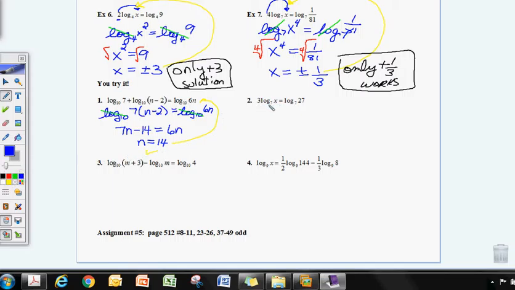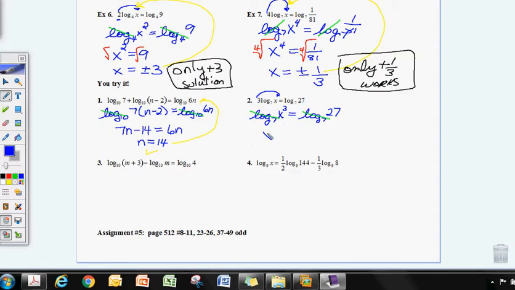So, problem number 1. For problem number 2, single log on the left, single log on the right, but there's this 3 in front. Got to bring it up. So, the left side needs to be rewritten as log base 7 of x to the 3rd power equals log base 7 of 27. Okay, so single log on the left, single log on the right, got it.